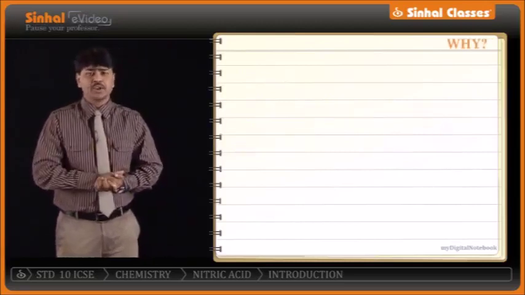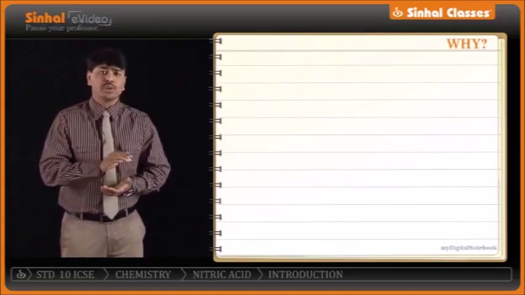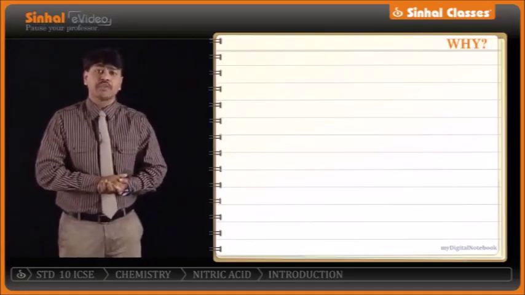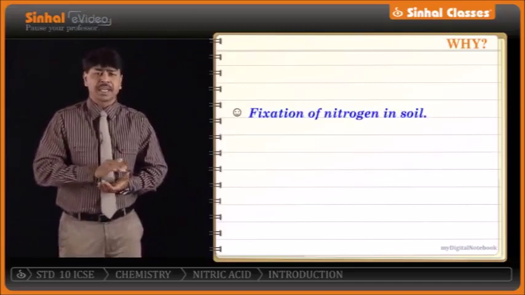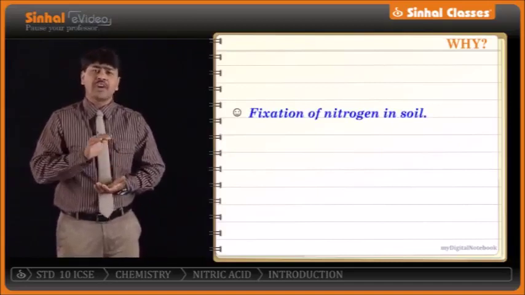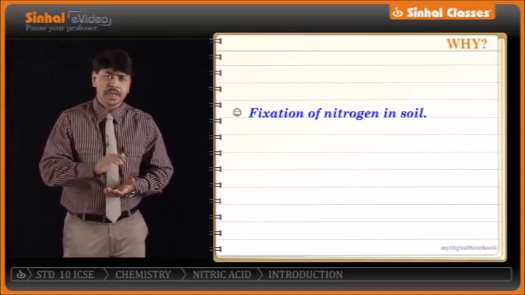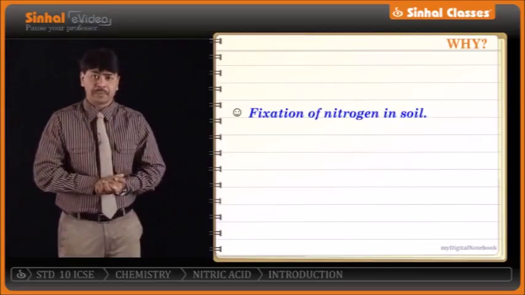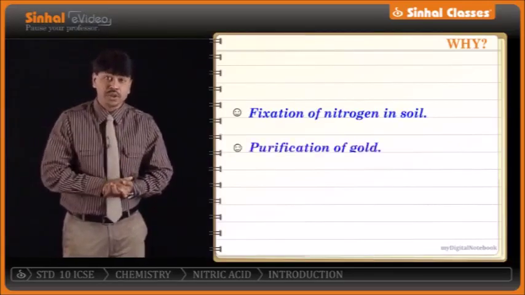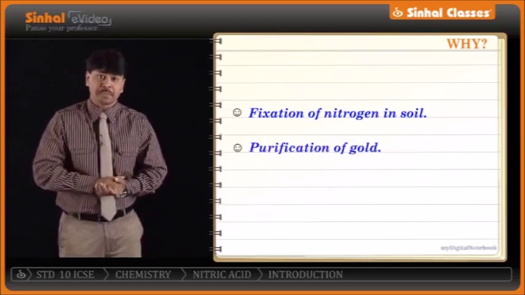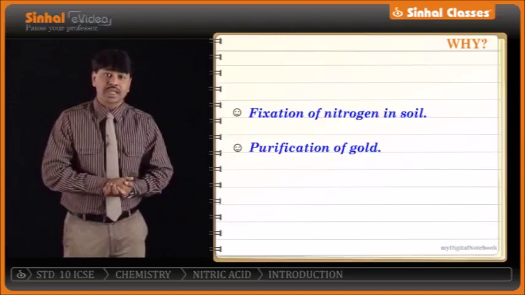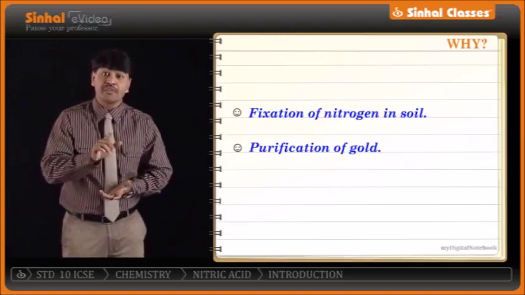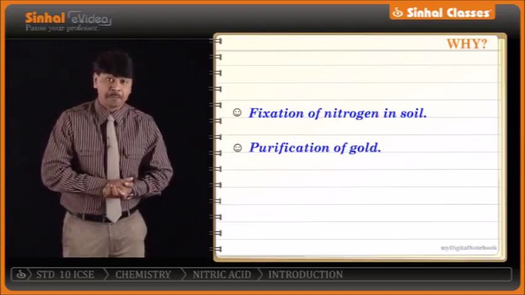Nitric acid, you must have learned about it in your lower standard in the process of fixation of nitrogen. This nitric acid has a large amount of application in our day-to-day life, like purification of gold. You wear so many ornaments made up of gold. Do you know that? To purify this gold, we use nitric acid in the form of aqua regia.